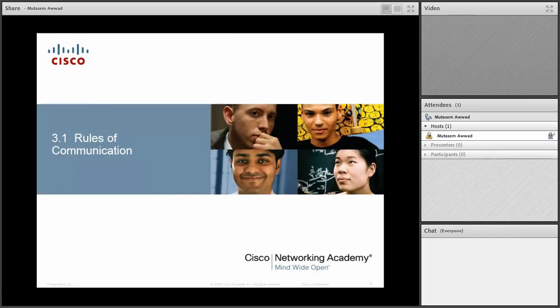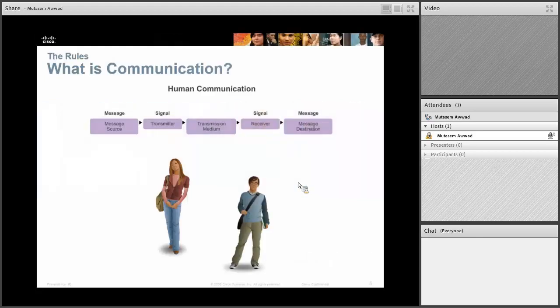What are the rules of communications? When you want to communicate with someone, the rule is if you are speaking, the other one has to listen, and if he or she is speaking on the other end, then you have to listen. So that's a standard. In data communication, it's pretty much the same thing. You take a message, you send it to an antenna, which is the transmitter, and that transmitter will send it either in the air or on a wire.